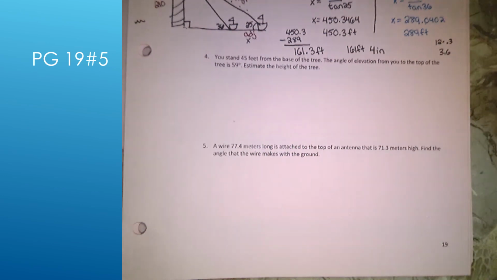Okay, so the next problem we're looking at is number 5 on page 19. It says a wire 77.4 meters long is attached to the top of an antenna that is 71.3 meters high. Find the angle that the wire makes with the ground. So, first thing we're wanting to do, you have a word problem, no picture.